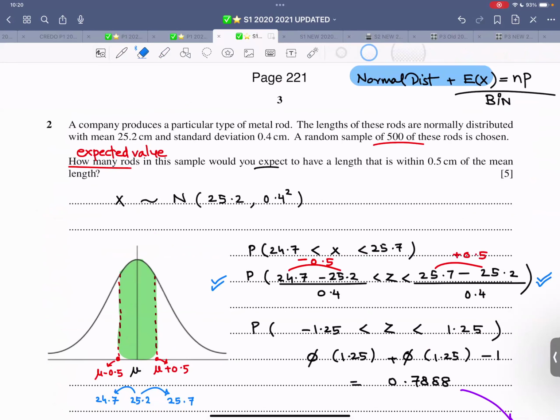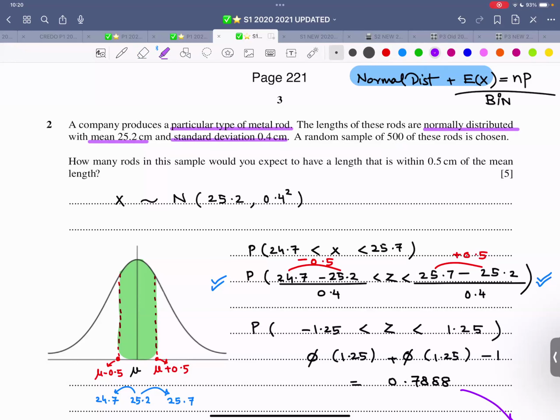Question number 2. Now let me remove this so that I can underline it right in front of you. The question says, a company produces a particular type of metal rod. The lengths of these rods are normally distributed. This is the mean. This is the SD, standard deviation. A random sample of 500 of these rods is chosen.